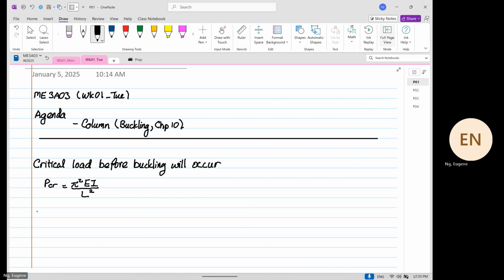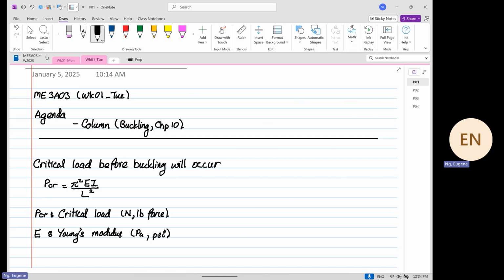So your critical load, PCR, is in Newton, or it can be in pound force. And then we have E, which is our Young's modulus. Again, this is in Pascal or pounds per square inch.